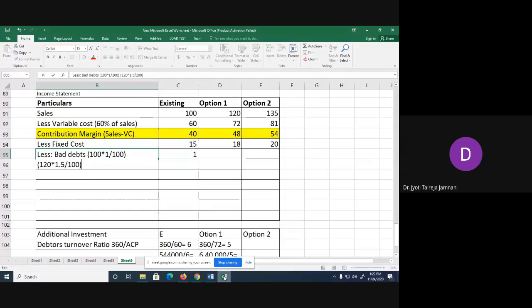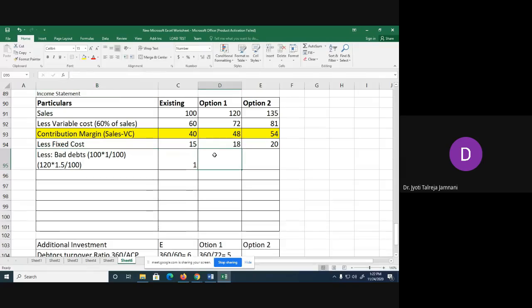You're getting 1.8? Yes, ma'am, I'm getting 1.8. Yeah, correct. It's 1.8.